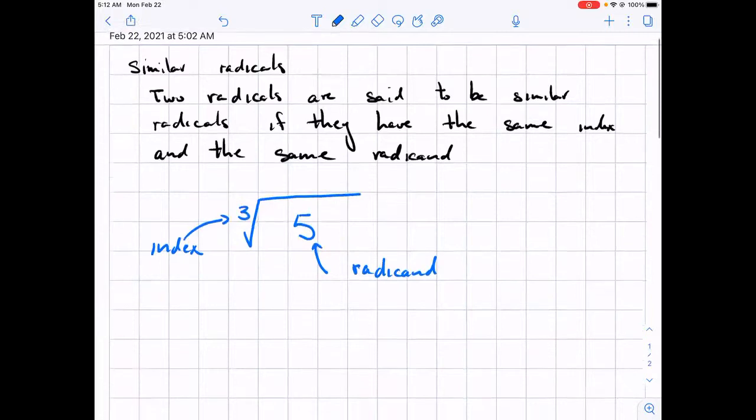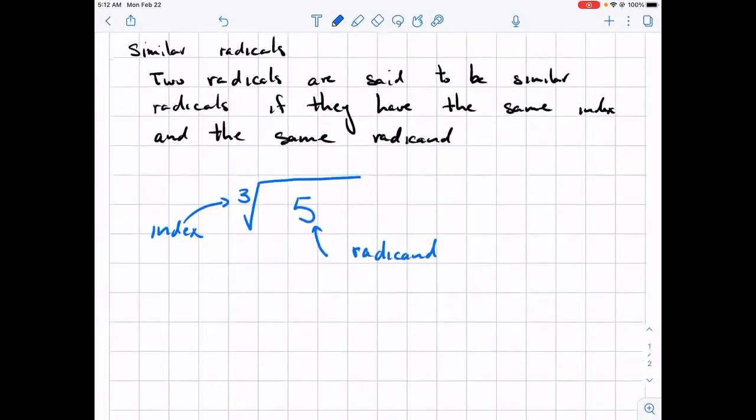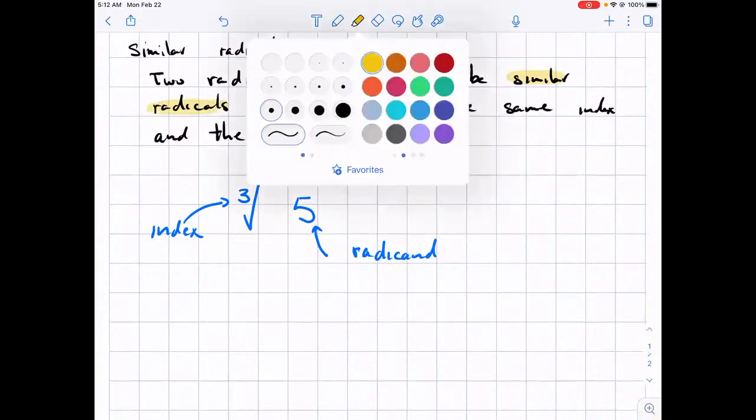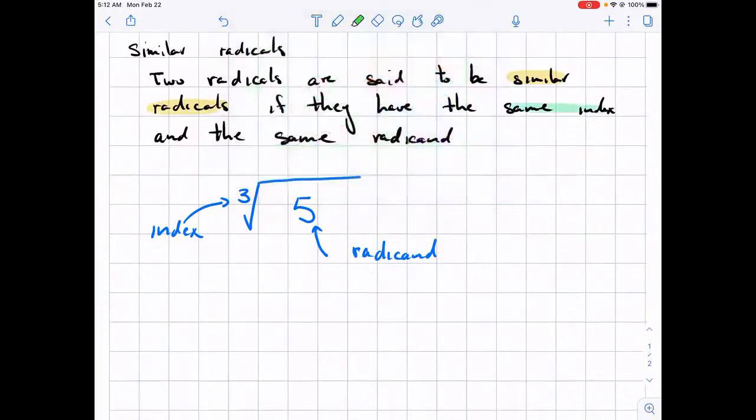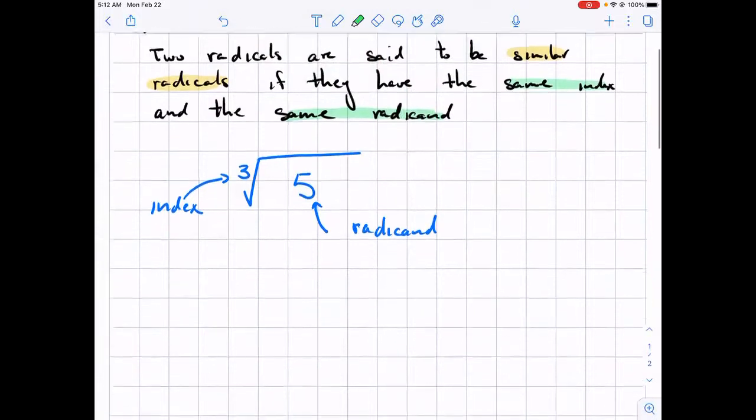So in this case, the index is 3 and the radicand is 5. Whenever we talk about similar radicals, we have to make sure that they have the same index and the same radicand. That is key.